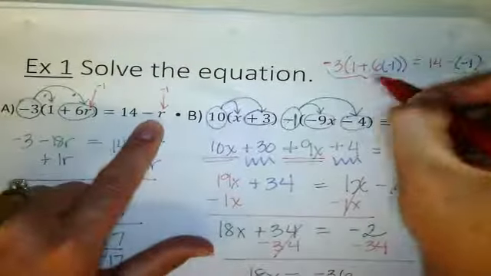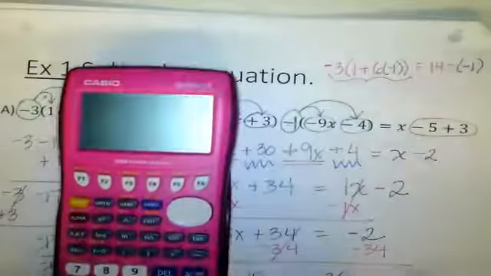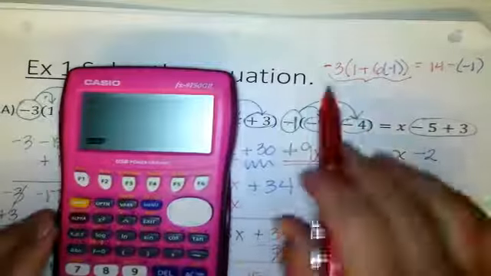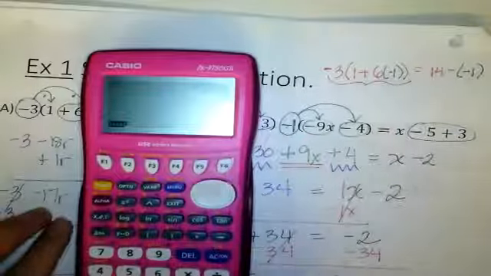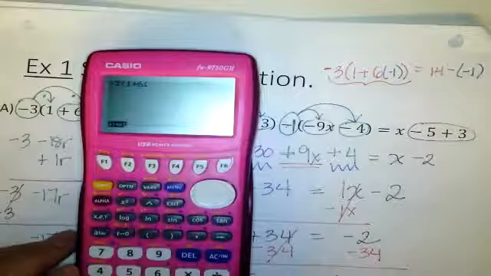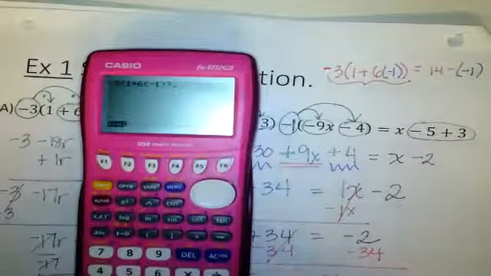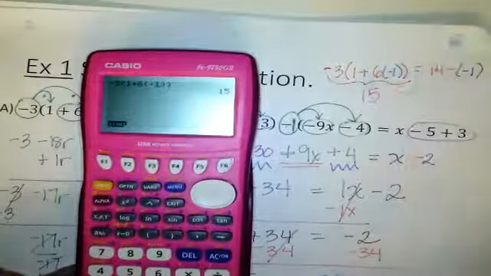The nice thing is, if you have a calculator, I can plug in that entire left-hand side on my calculator. So negative 3, parentheses, 1 plus 6 parentheses negative 1. If you do it carefully, that left-hand side in itself equals 15.